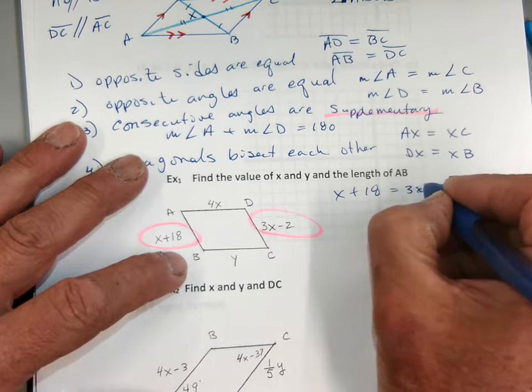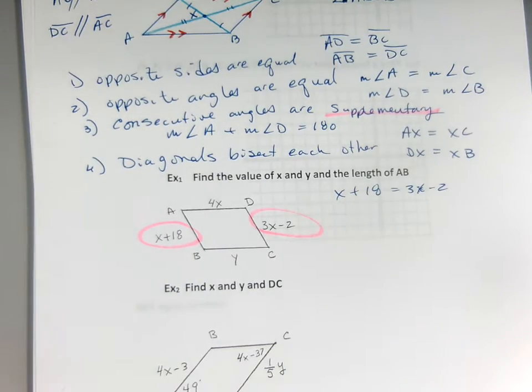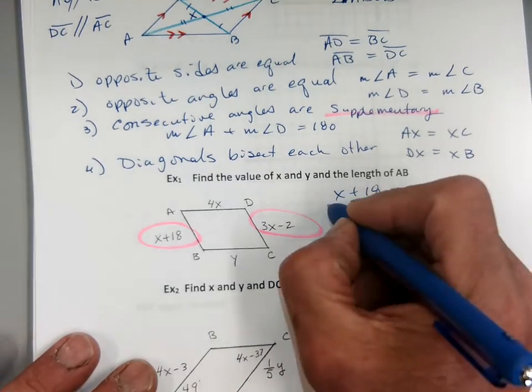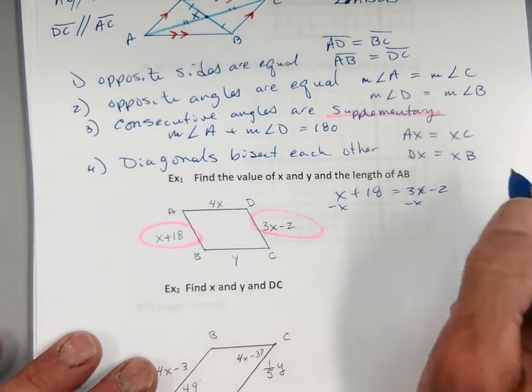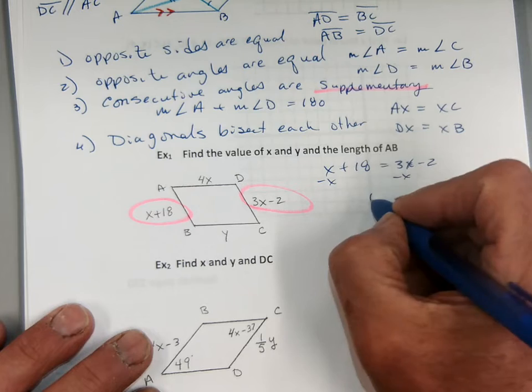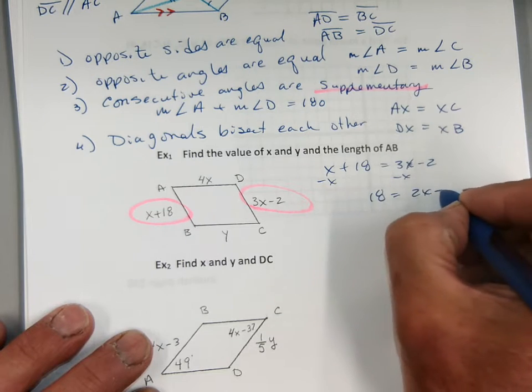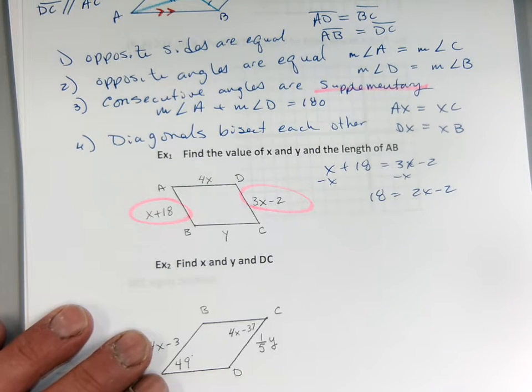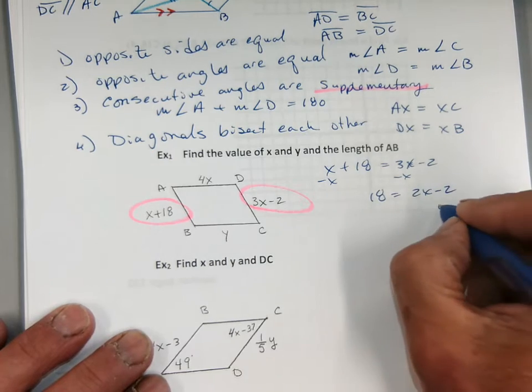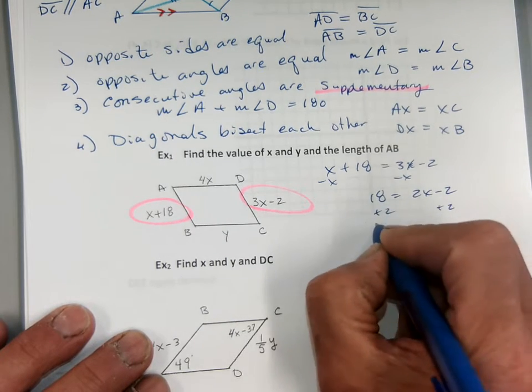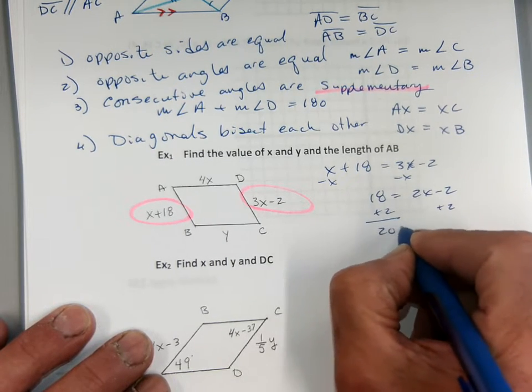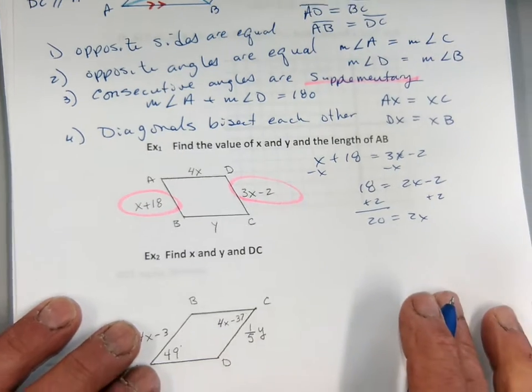We're just going to solve for x, which we're good at. Minus x, so 18 is equal to 2x minus 2. Plus 2, plus 2. 20 is equal to 2x.